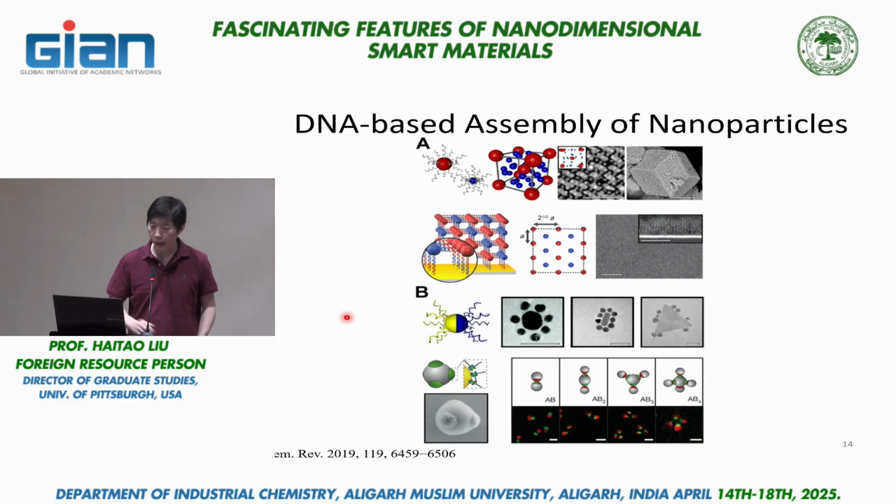Okay, so on the assembly, this is probably the earliest application of DNA nanotechnology. A lot of the early work is actually not using a DNA nanostructure per se, but simply relies on strands. Those are some of the examples in the literature you find in the early days of combining DNA with nanomaterial.